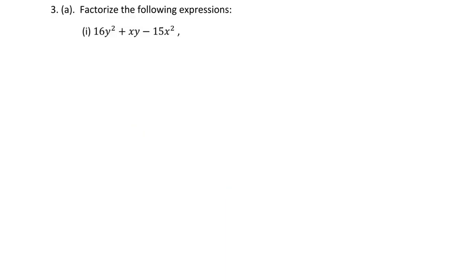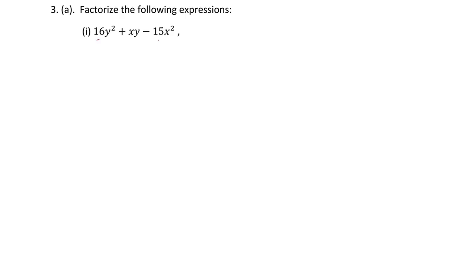Question number 3, part A. Factorize the following expression. For Roman 1, we have 16y squared plus xy minus 15x squared. Okay, so this is the algebraic problem. Okay, so for this one, first we are going to take the product of the coefficients of y squared and x squared, which are 16 and negative 15.